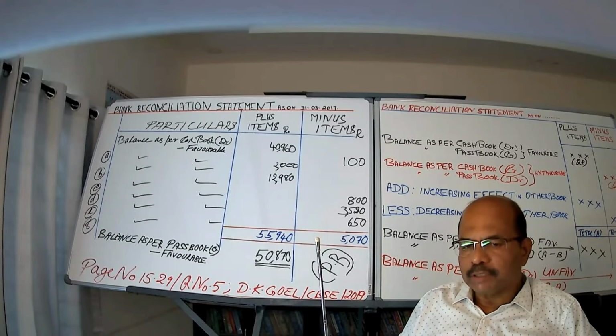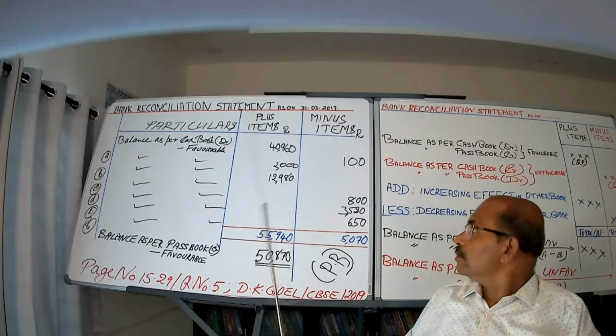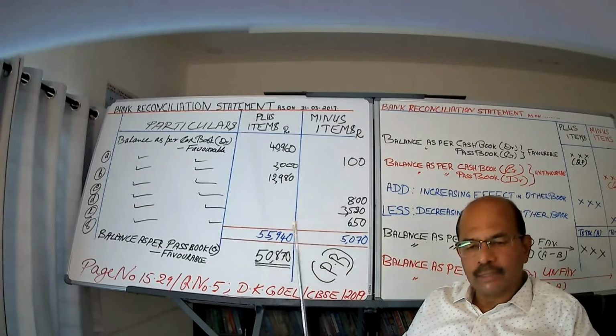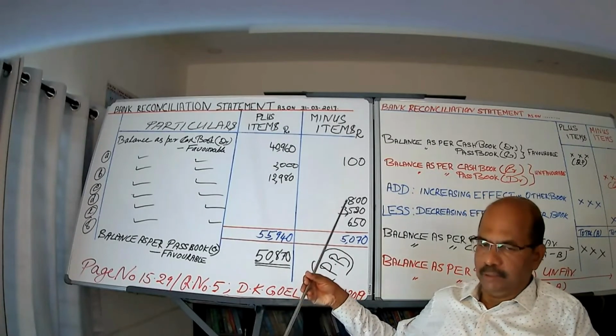Why are you basing it on the passbook throughout the sum? Because the other book I have to base on and decide. So decreasing. Hence I am showing it as 100. 1 lakh there, 1 lakh minus 100 in the passbook. That's why I am showing it here, right?